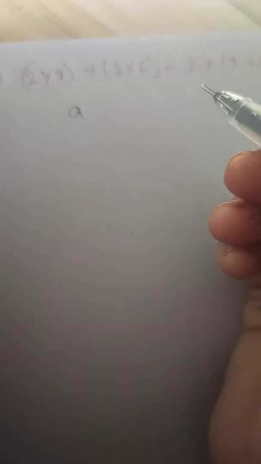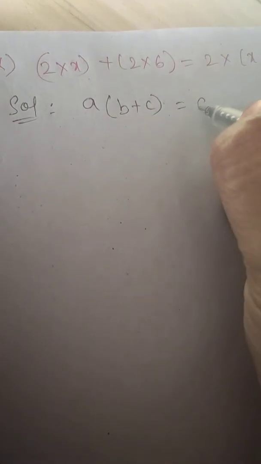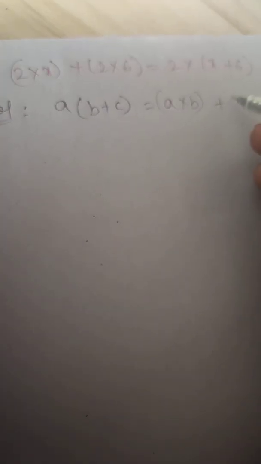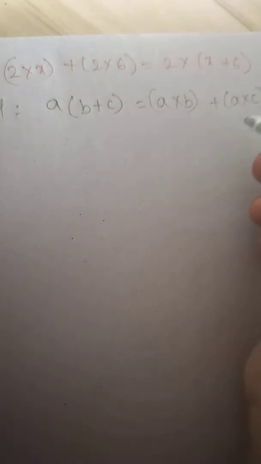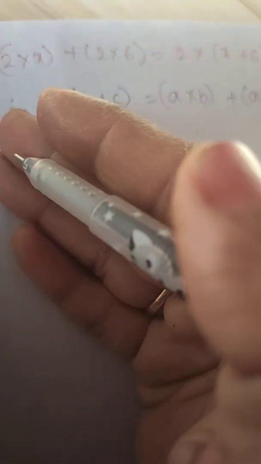Okay, what is distributive property? a into b plus c, which should be equal to a into b plus a into c. Okay, here what is the a here? 2. Okay, we are taking the RHS to the LHS side and LHS to the RHS side.